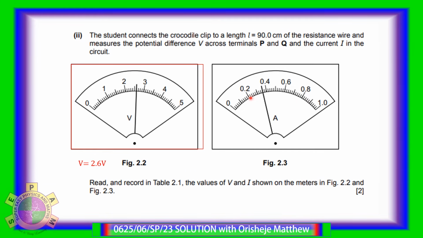So each of these small ones is going to be 0.02. So you add it to this: 0.32, 0.34, 0.36. So the ammeter reading here is 0.36 ampere.